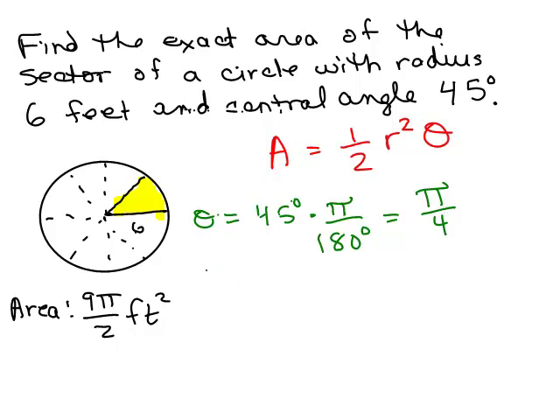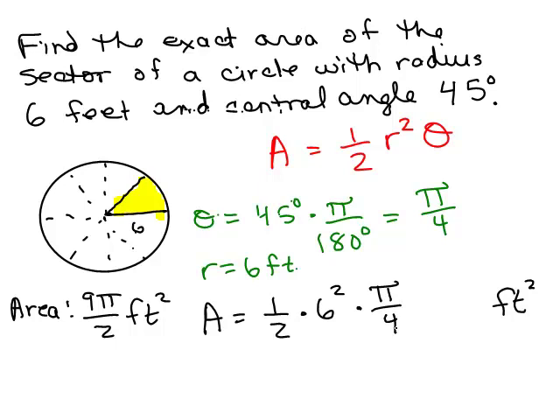And my radius is 6 feet. So how are we going to get the area? It's 1/2 r squared, so that's going to be 6 squared, right? And we know we're going to have feet squared. I'm going to put that over the n, times my theta, which is pi over 4. And then we need to simplify this. So this is 6 squared, so I could write that as 36 pi over, and I've got 8.